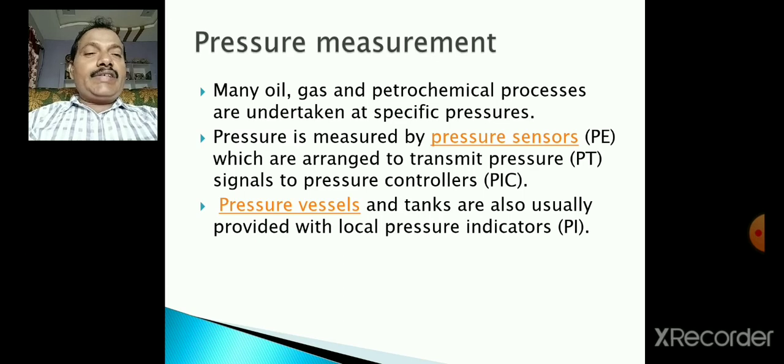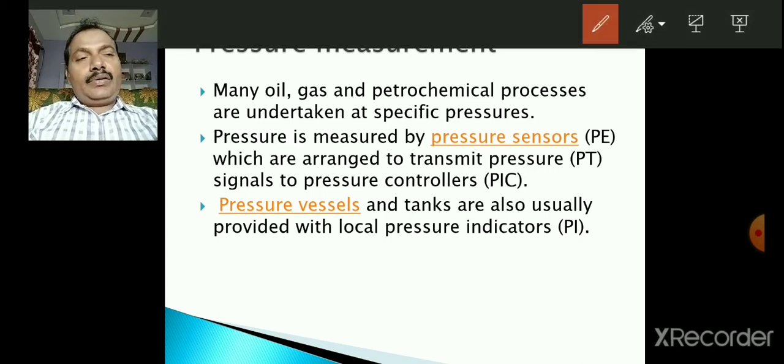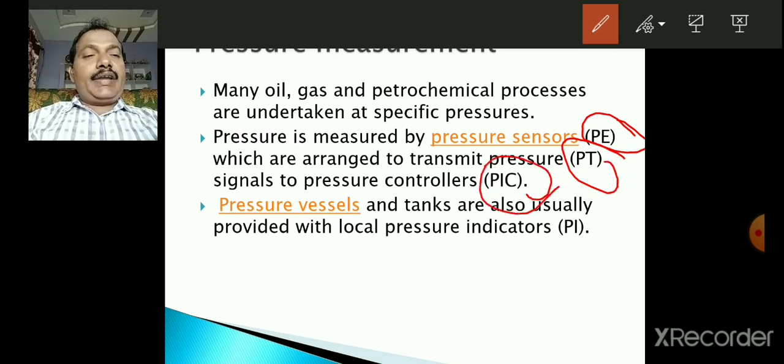And pressure vessels and tanks are also usually provided with local pressure indicators, that is PIs.